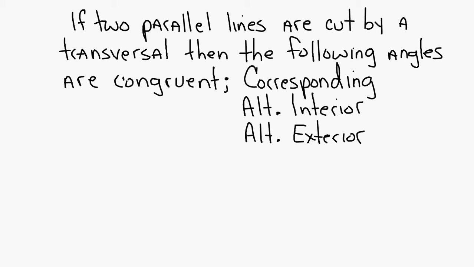Two lines cut by a transversal, the following angles are congruent. Corresponding angles, alternate interior, and alternate exterior. They're all going to be equal to each other.